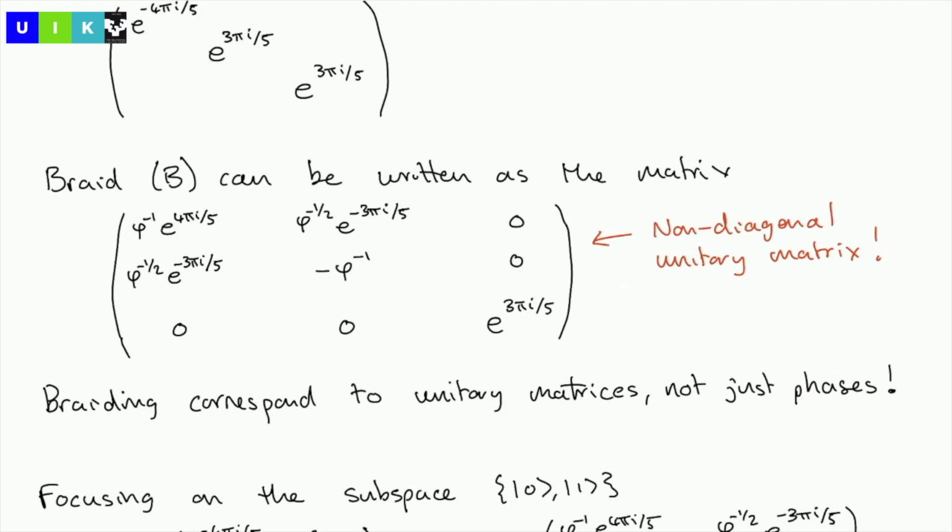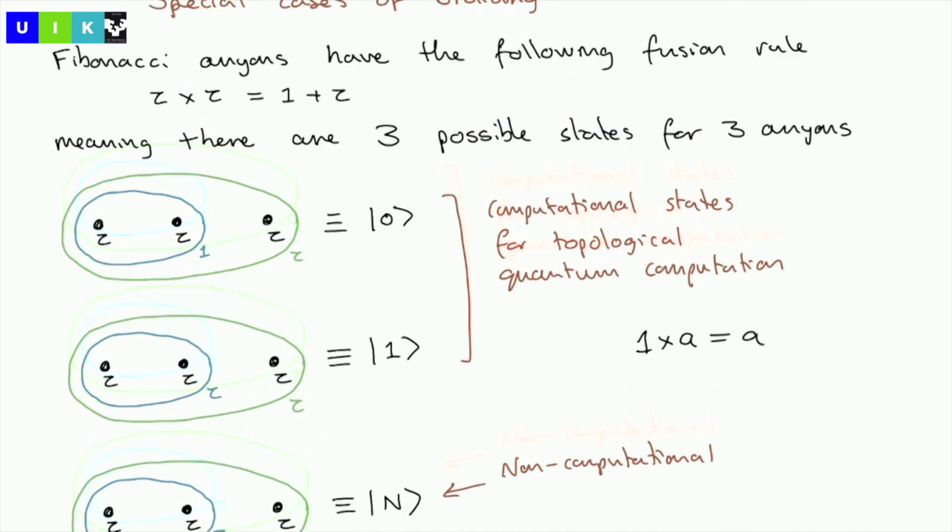Then braid B can be written as this matrix. So this braid B, it doesn't keep us in the same state. It's generally a matrix, and it can be written as follows. Now, it turns out that this matrix is block diagonal, and this is why we call this final state non-computational.